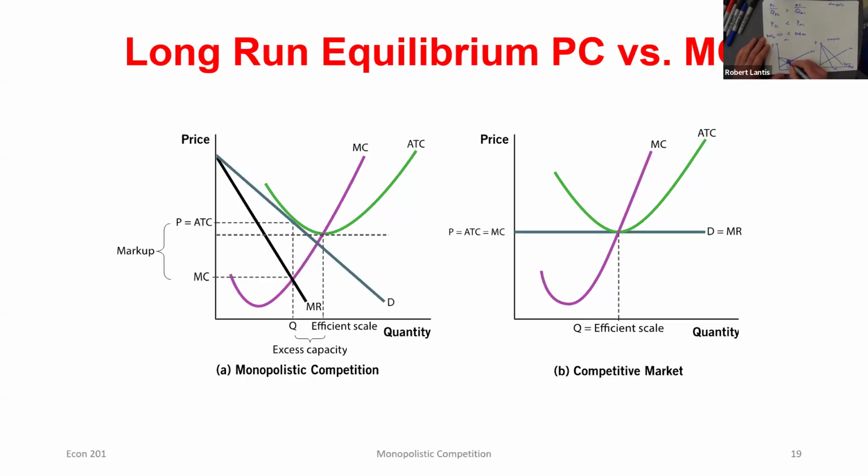So at the firm level, what's going to be true about the quantity they choose? The quantity a monopolistically competitive firm chooses is going to be less than that of a monopolist, right? And we could kind of also go through, because they face a lower demand curve, the price they set relative to a monopolist would also always be lower, okay? So we can kind of compare across these different types of markets.